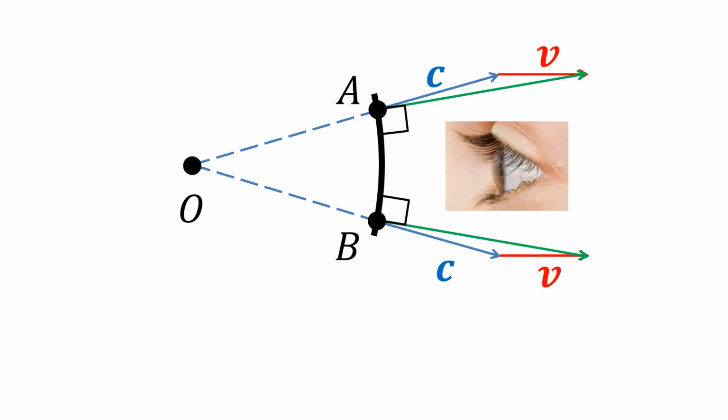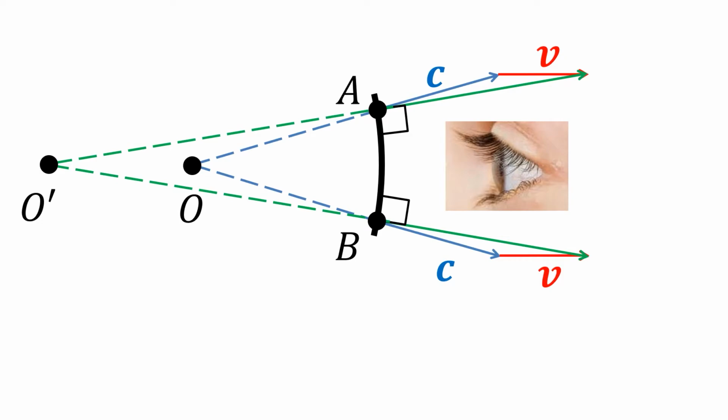Again, the new velocity vectors are normal to the new wavefront. This is the key point. The apparent curvature observed by the moving observer is different from the real curvature. A different curvature means a different radius and a different center. It is especially important to note that when the observer moves towards the center of the wave, the apparent center moves away from the observer.